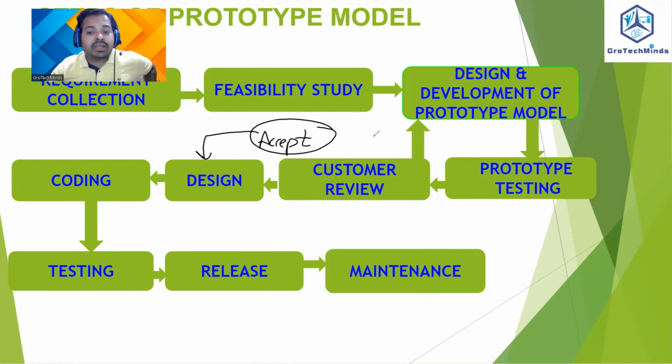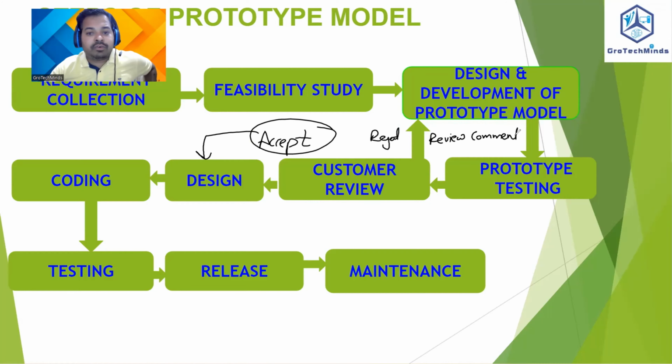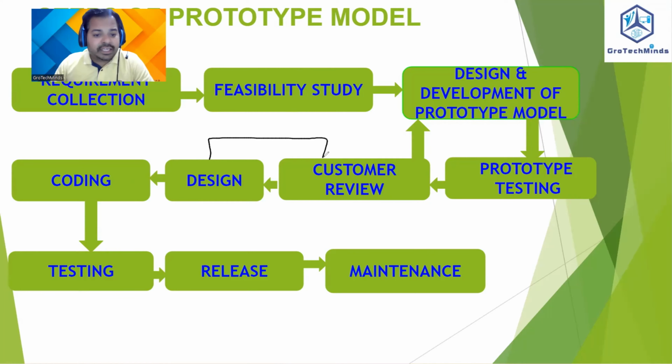If customer rejects it or has given any review comments, then we will again do the design and development of the prototype, and then we will do the prototype testing. Then we again do the customer review, and once customer accepts it, then only we send it to the actual design, which consists of the HLD and LLD. And after that, we do the coding, testing, the release, and the maintenance.